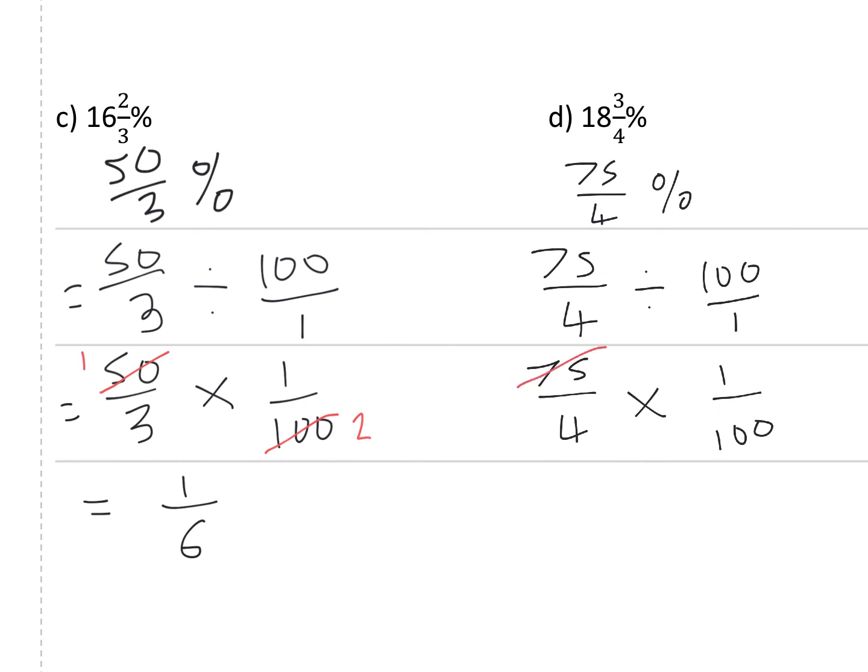This time we can divide through by 25 to give 3 and 4. On the numerator, we have 3 times 1, which is 3, and on the denominator, we've got 4 times 4, which is 16. So 18 3/4% is 3/16.